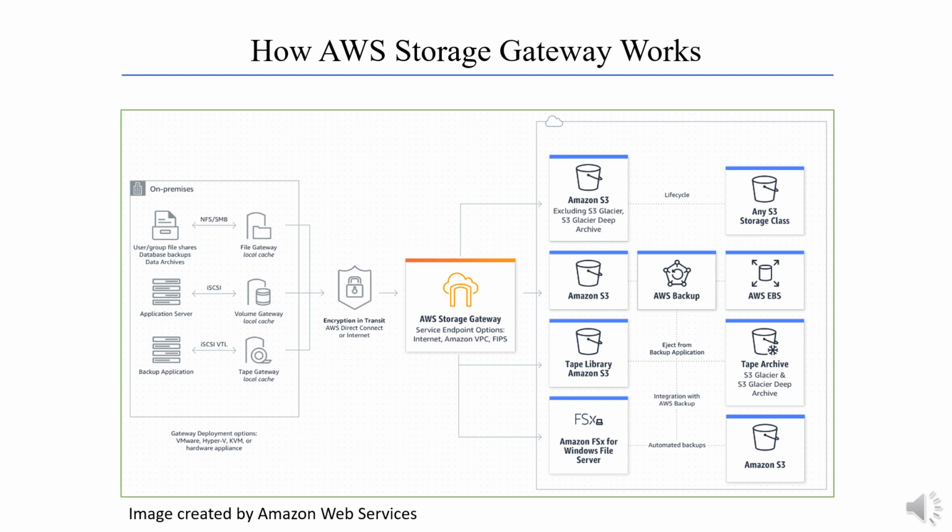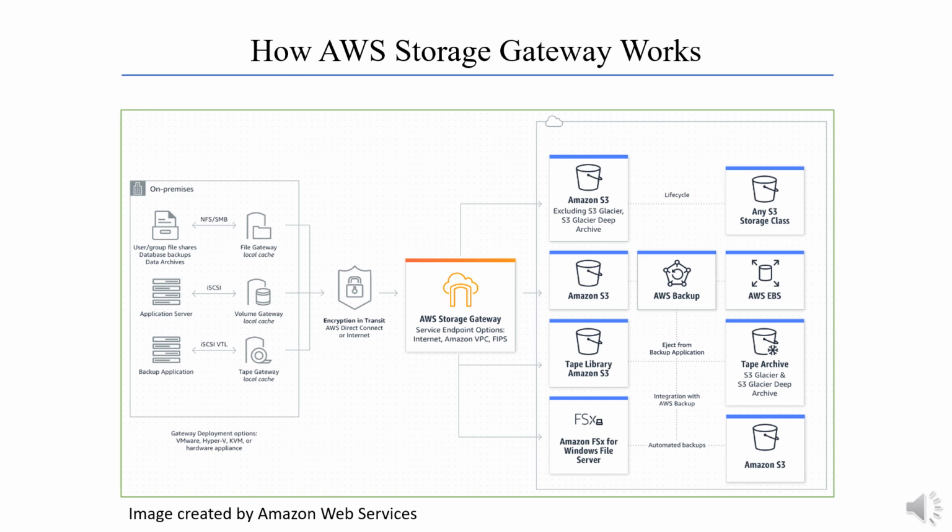You can deploy Storage Gateway as a virtual machine within your VMware, Hyper-V, or Linux KVM virtual environment, or as an Amazon EC2 instance within your Amazon Virtual Private Cloud, Amazon VPC. The diagram is created by Amazon Web Services. It shows the key features of AWS Storage Gateway and integration with other AWS services.